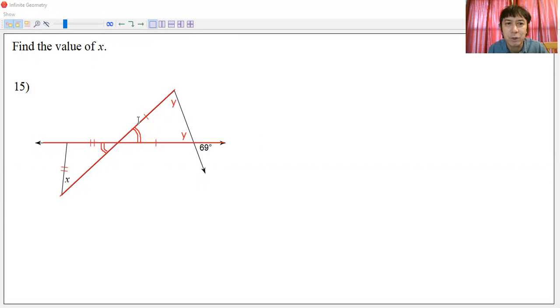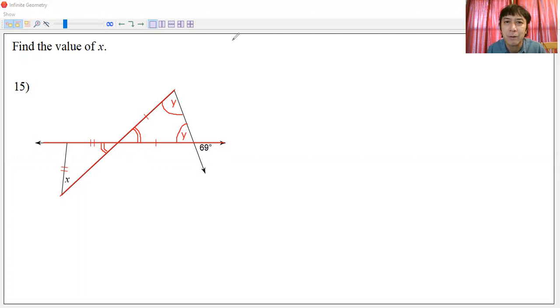Because of these two marks, we have an isosceles triangle over here, and this angle y and this angle y are the base angles opposite those two sides. So this angle y equals this angle y, because these two sides are equal. Remember, if two sides of a triangle are equal, the two angles opposite to them are equal.